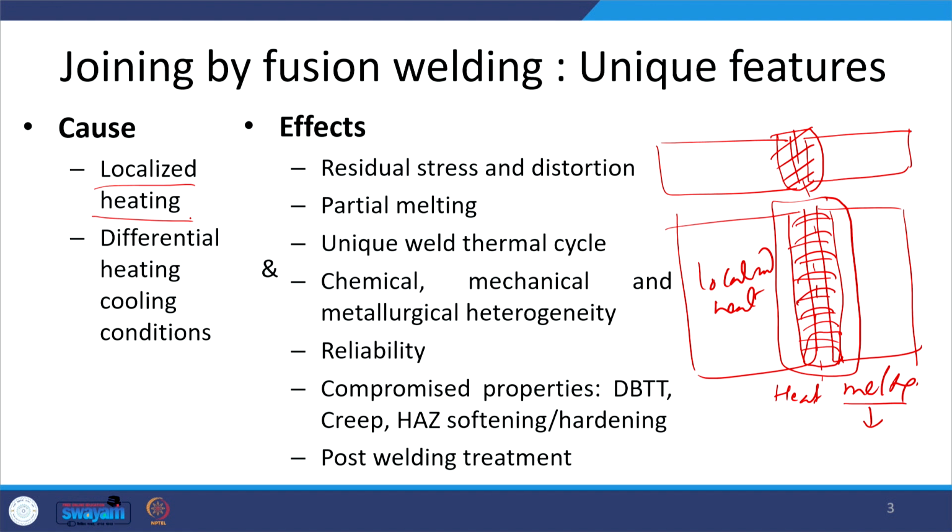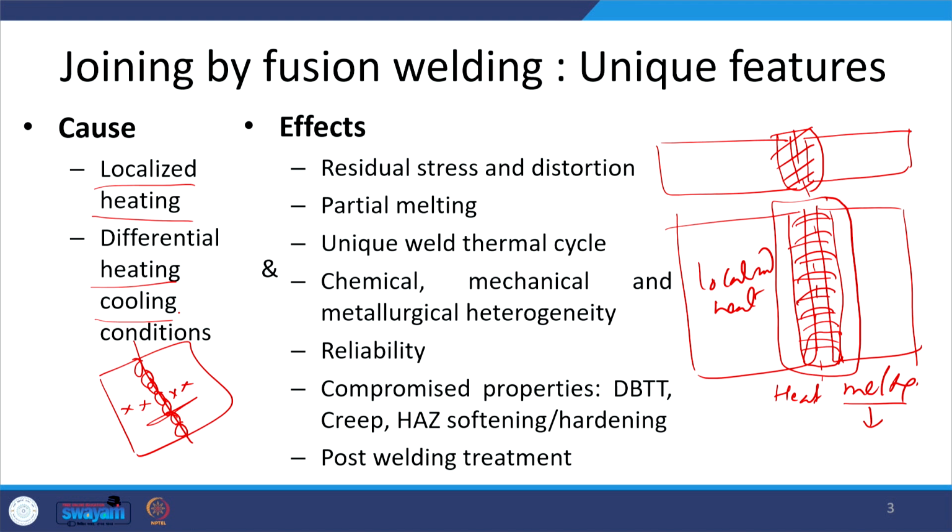Because of this localized heating, when the heat source is passing along the weld line, the zones being approached by the heat source will experience heating, and once the heat source has passed through a particular region, they will experience cooling. But each zone along the weld line, and each zone in the vicinity of the weld line, will experience different heating and different cooling conditions.